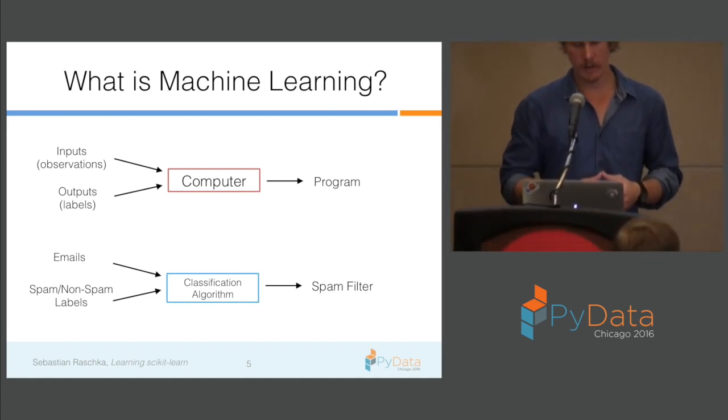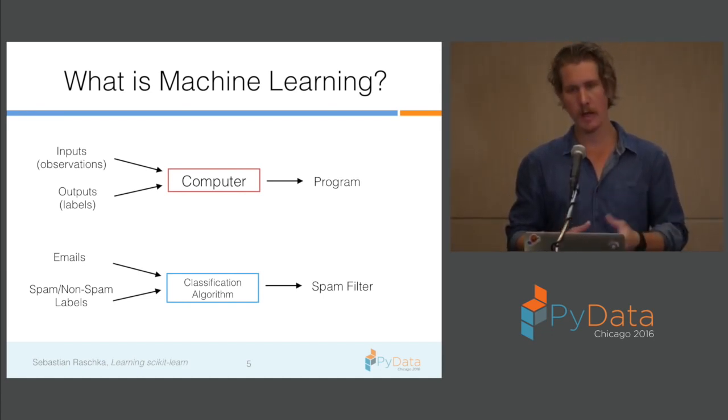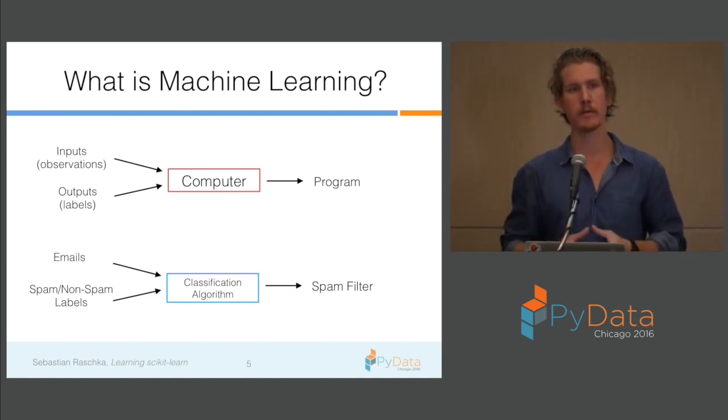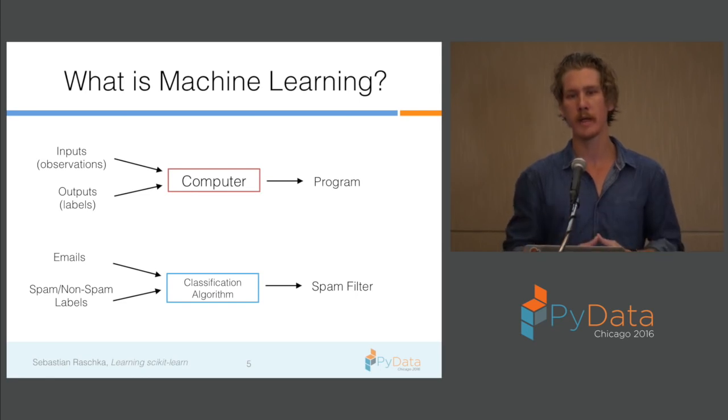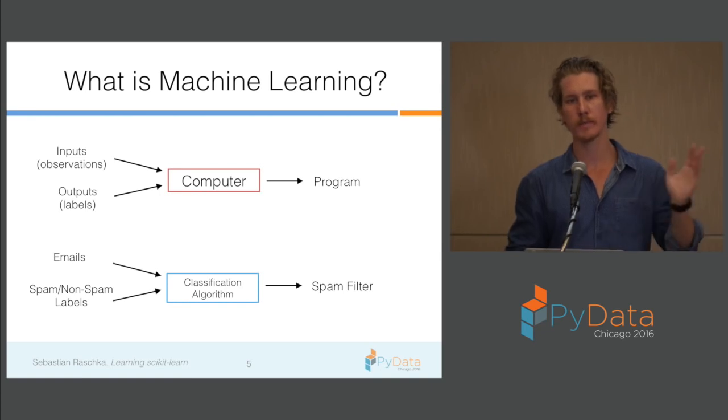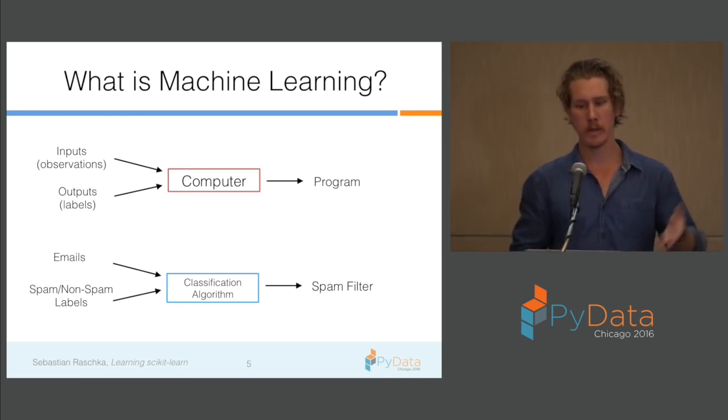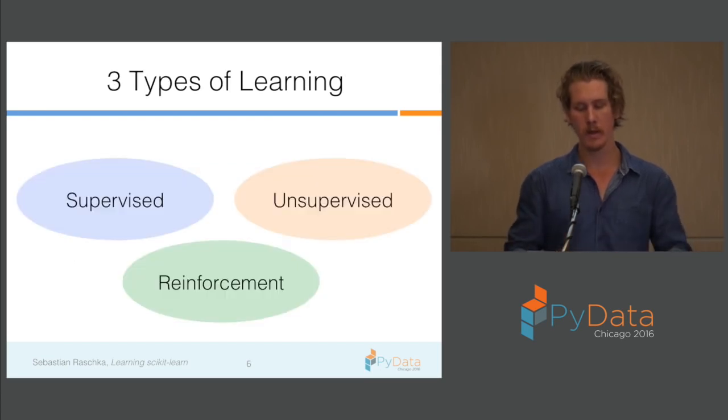And nowadays, we have powerful learning algorithms, so we just give our algorithm a set of labeled data. We give it maybe 10,000 or 100,000 spam emails and maybe 1 million non-spam emails, and then it will automatically learn rules to classify them.